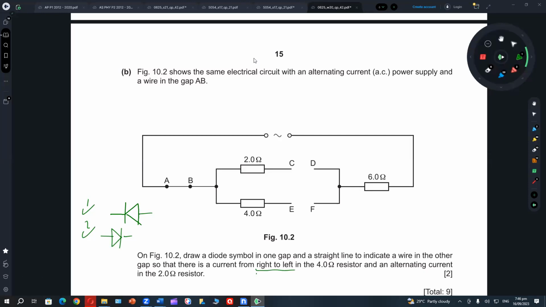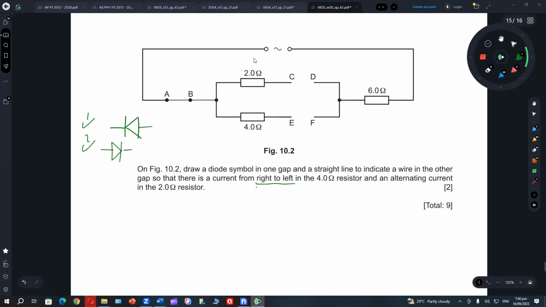Look at this point. He wants current to flow from right to left. Sir, it should point to left, I guess. Right to left. So should I take option 1 or option 2 for diode insertion? 2.